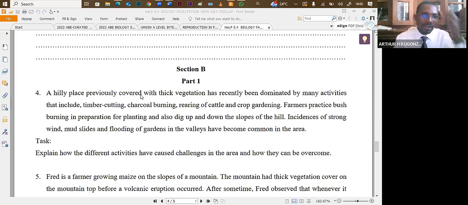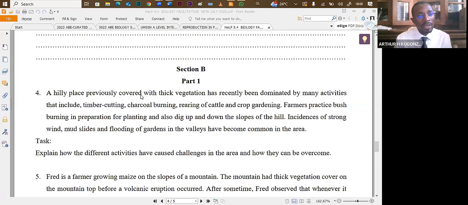Someone is asking, sir, are we allowed to tabulate our work? I don't know. And why do you want to tabulate? Your role is simple: respond to the task. If the task says tabulate your work, please tabulate it. If the task says don't tabulate, you just read and follow the demands of the task.